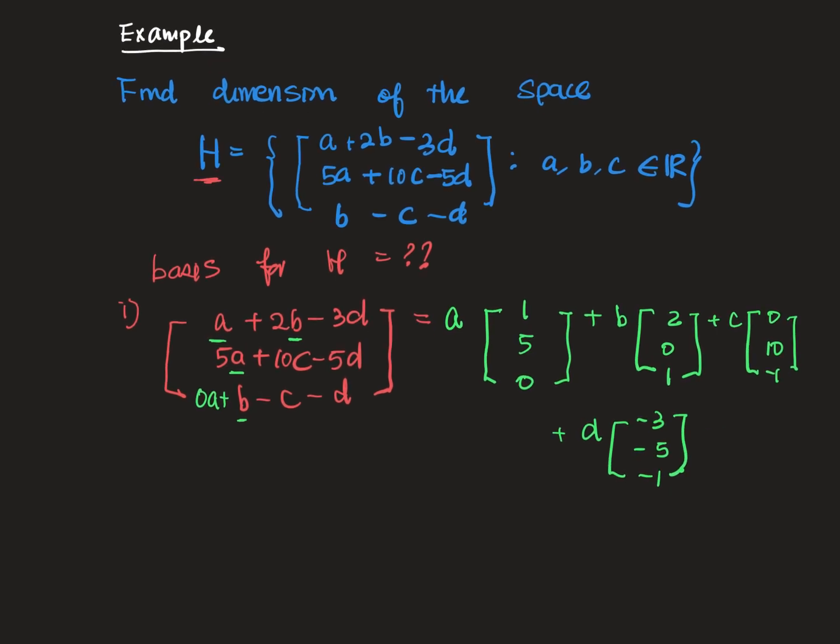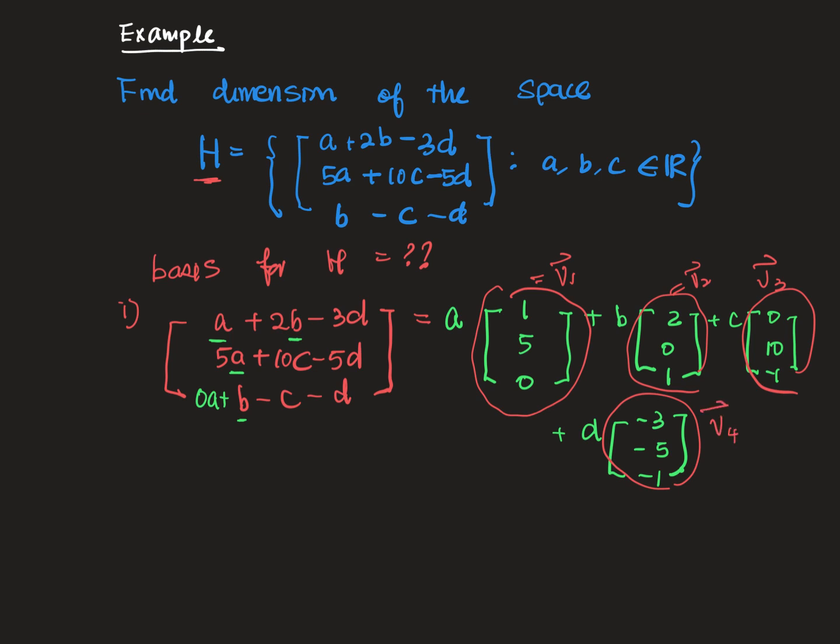So these vectors in H, you have a linear combination, right? So what do you find here, guys? Look at this one. Let's say this one is the V1 vector. This is the V2 vector. This is the V3 vector. This is the V4 vector. Right?